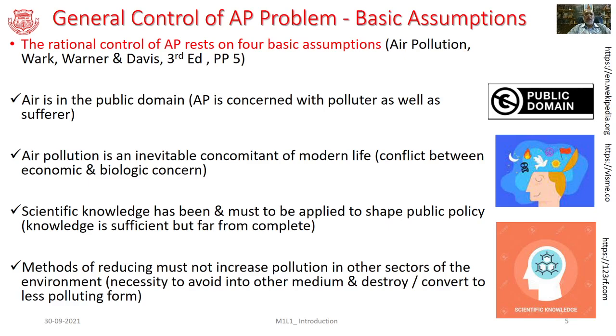Hence, the methods of reducing pollution must not increase the pollution in other sectors of the environment. This is also one of the basic assumptions in order to establish the general control on air pollution.